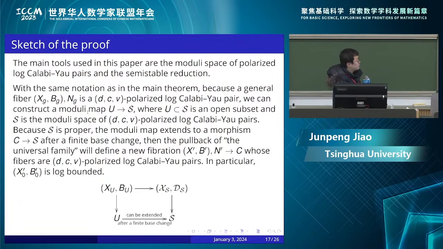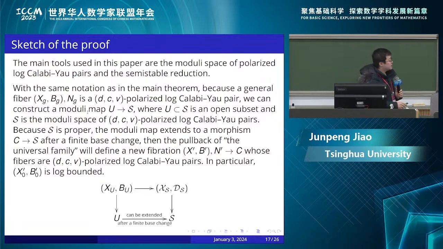If we keep the embedding into projective space, we consider it as a closed subvariety in projective space, then we can consider it as a subvariety of the Hilbert scheme, and it will have a universal family. Then the pullback of this universal family will define a new fibration, whose fibers are all DCV polarized log Calabi-Yau pairs. This new fibration we denote by X', B', and N' to C.